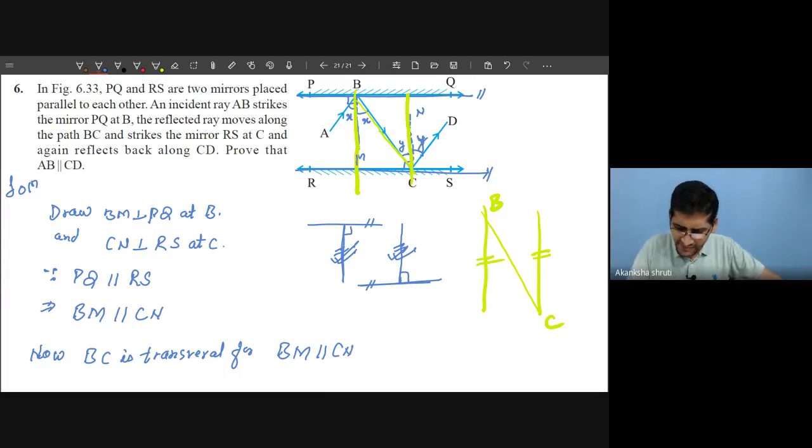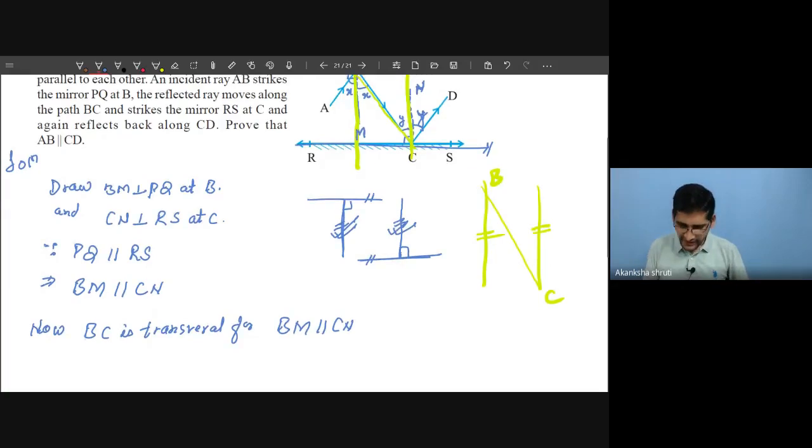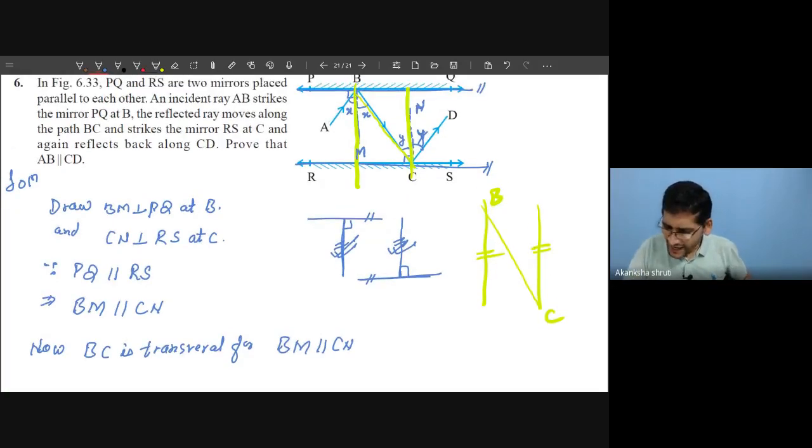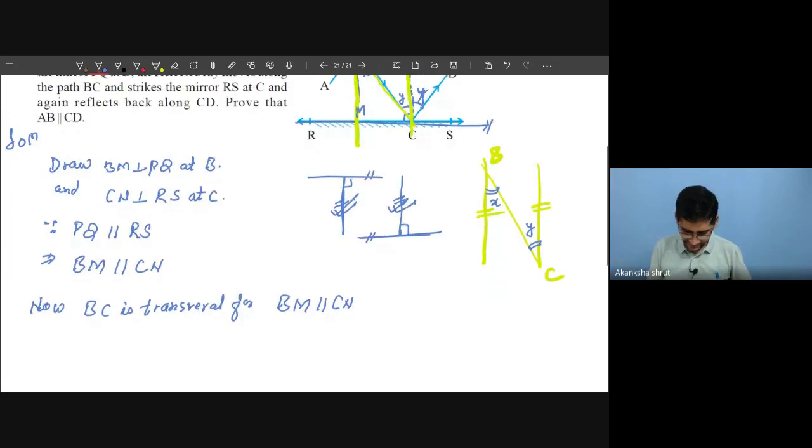This was M and this was N that we have drawn. It means when these are parallel, whatever this angle is, the same will be this angle. Here this angle is denoted by X, this angle will be denoted by Y. So this implies X is equal to Y. This was to be proved.